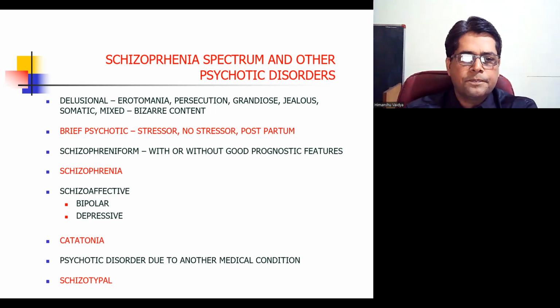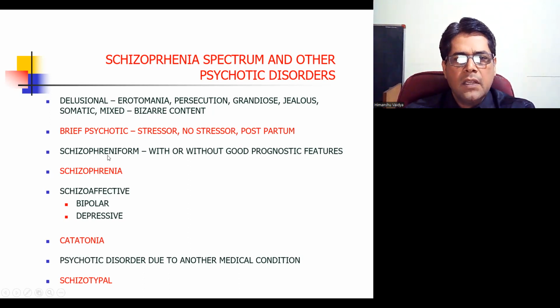In that chapter, we have these disorders: the delusional disorder, brief psychotic disorder, schizophreniform, schizophrenia, schizoaffective, catatonia, psychotic disorder due to any other medical condition. We will not take up this one. And schizotypal, which we will take up in personality disorders. So this part we will take up today: application of the general causality model to this.